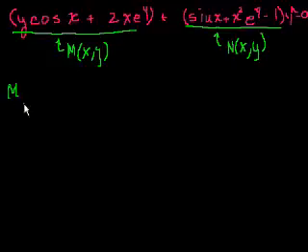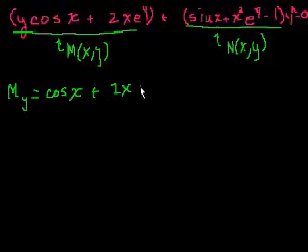The partial of M with respect to y is equal to, let's see, this cosine of x is just a constant, so it's just cosine of x plus. Now, what's the derivative? Well, 2x is just a constant. And what's the derivative of e to the y with respect to y? Well, it's just e to the y, right? So we have the constant on the outside, 2x, times the derivative with respect to y, so it's 2x e to the y. Fair enough.